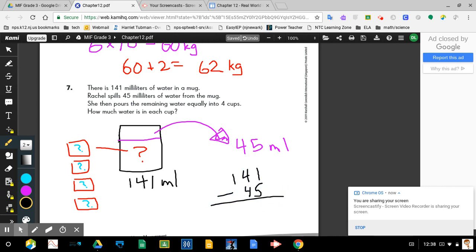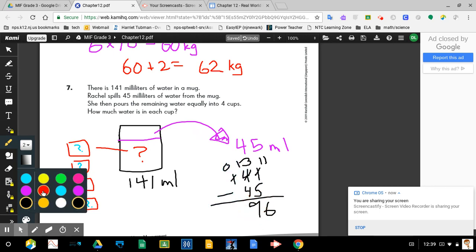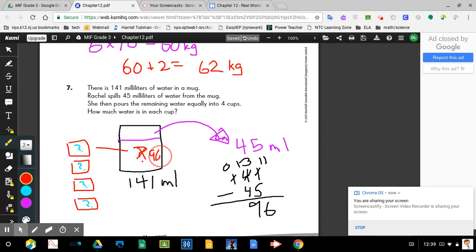I can't do 1 minus 5, so I'm going to take 1 away, add 10 more. 4 becomes a 3, and that 1 becomes an 11. 11 minus 5 is 6. 3 minus 4, I can't do it. Got to regroup again. Take 1 away, add 10 more. So 13 minus 4 is 9. So now I know that I have 96 milliliters of water.